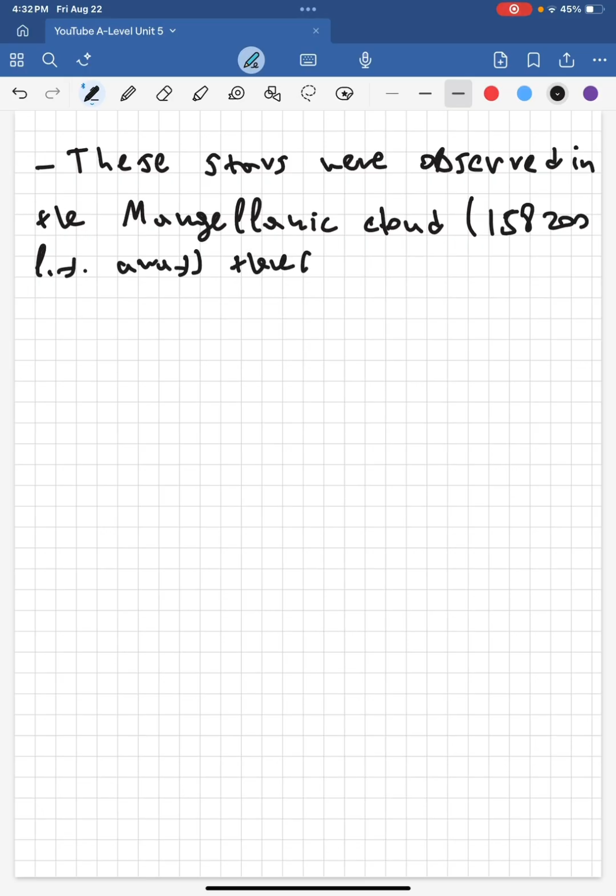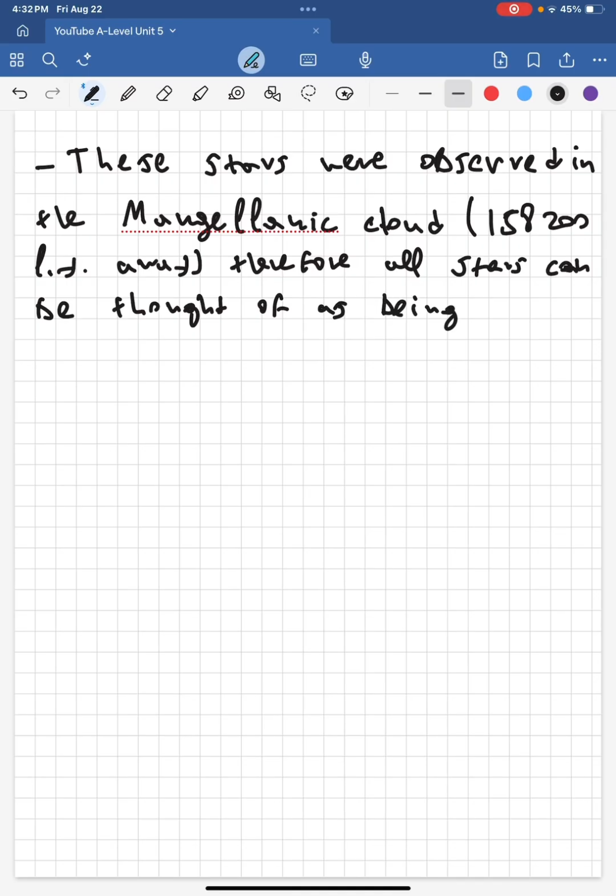Therefore, all stars can be thought of as being at the same distance from the Earth.